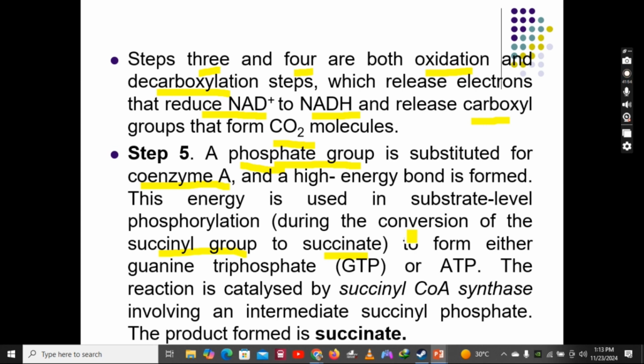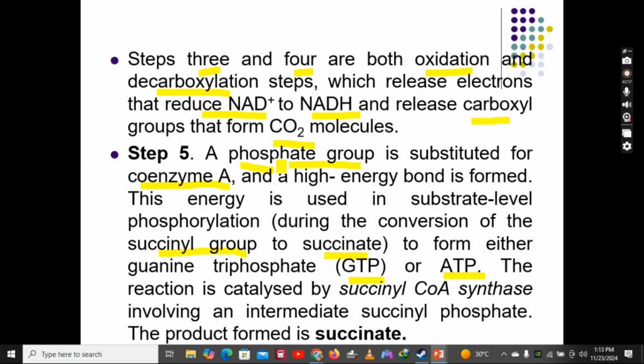And what will be produced at this stage is either guanine triphosphate, GTP, or adenine triphosphate, ATP. That's at step number 5.